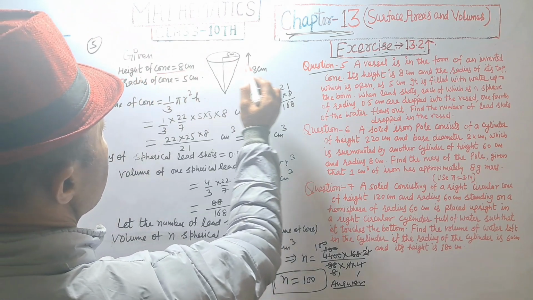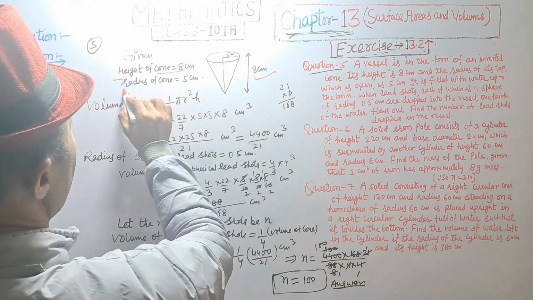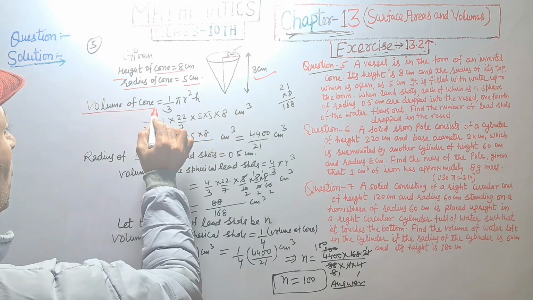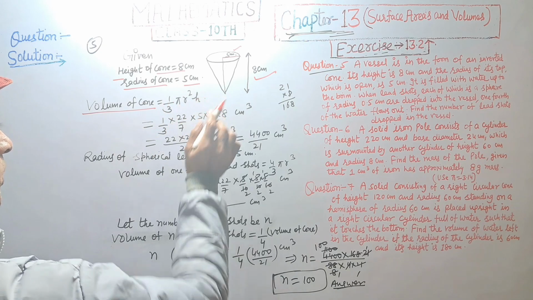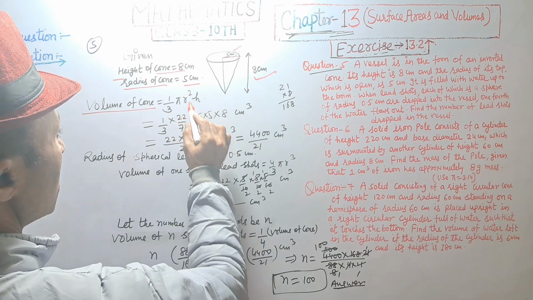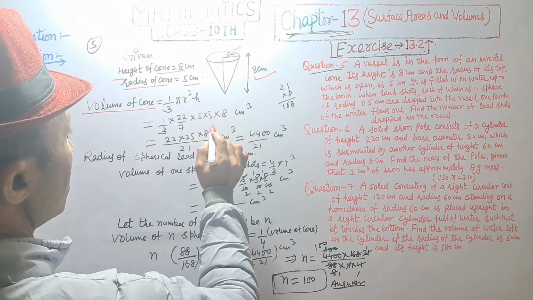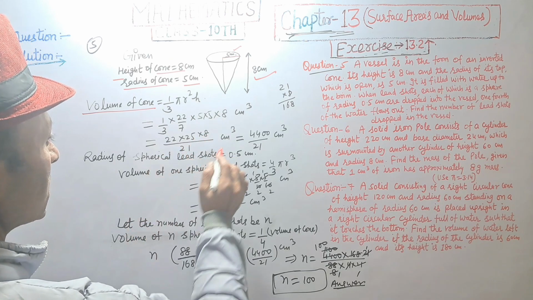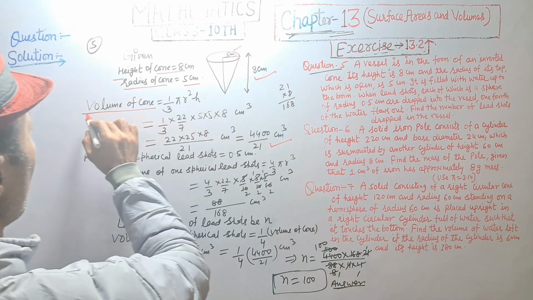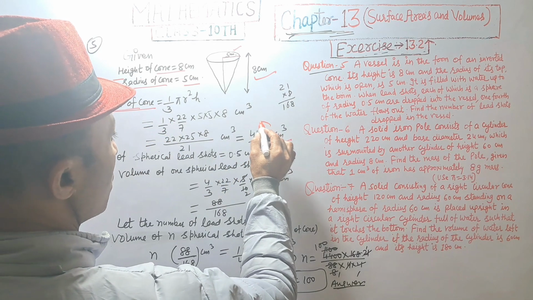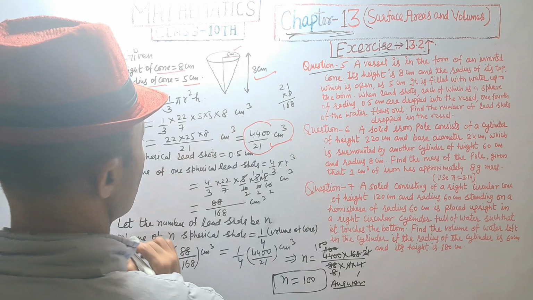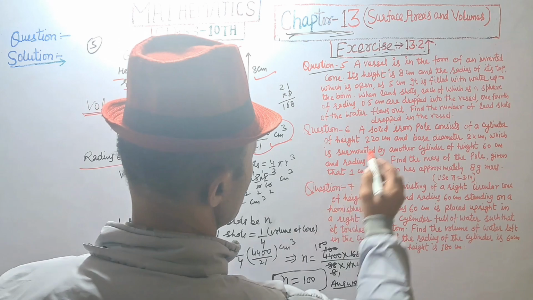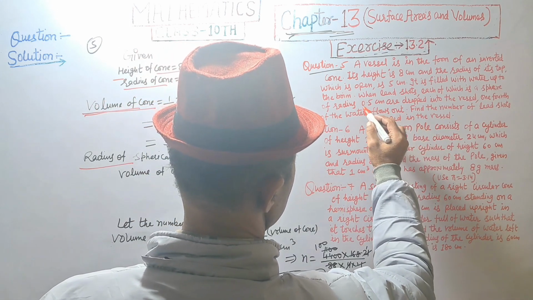Given height of cone is 8 centimeter and radius of cone is equal to 5 centimeter. Volume of cone is equal to 1 upon 3 into pi r square h. Pi is 22 upon 7 and radius is 5 into 5 into 8, that is equal to 22 into 25 into 8 upon 21 centimeter cube. Volume of cone is equal to 4400 upon 21 centimeter cube, and radius of spherical lead shots is 0.5 centimeter.